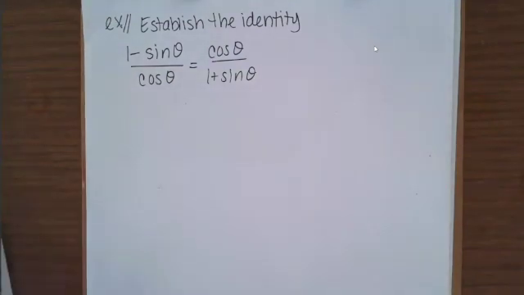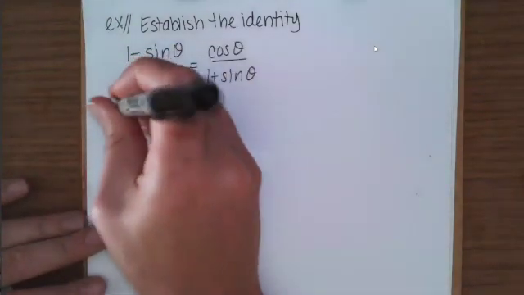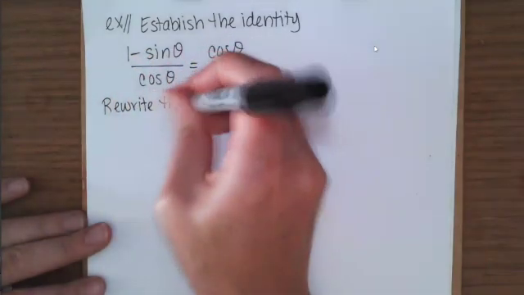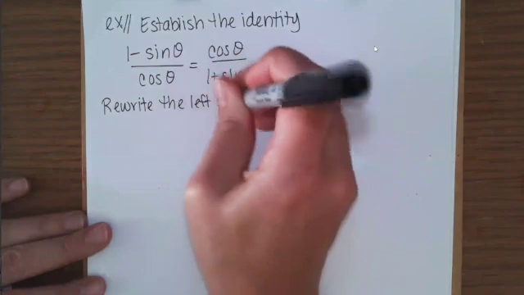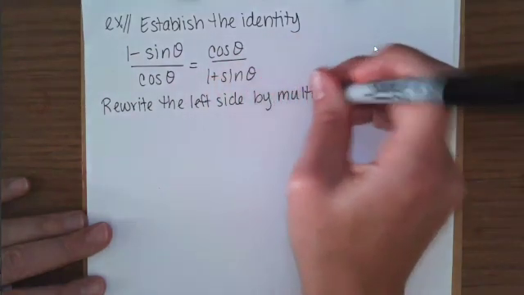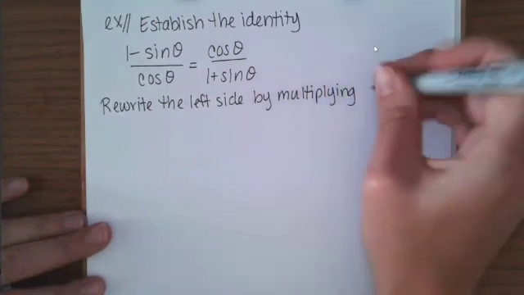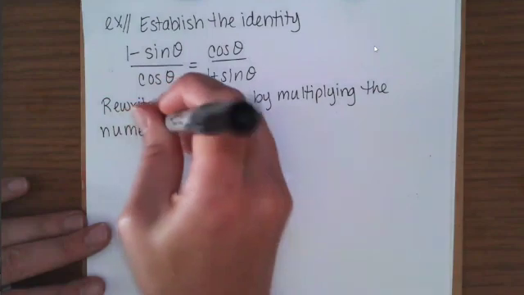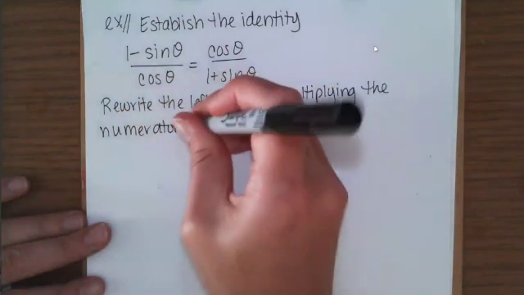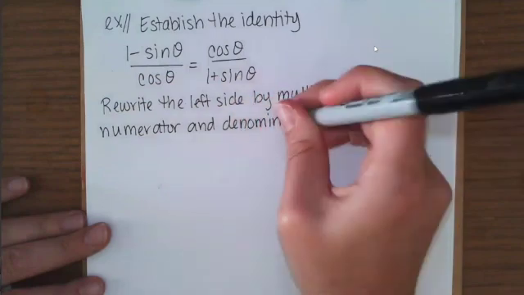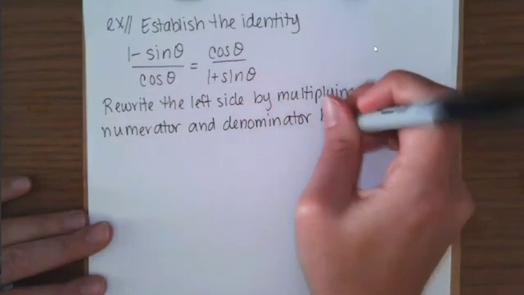Okay, so the first instruction you're going to get here is we are asked to rewrite the left side by multiplying the numerator and denominator by 1 plus sine of theta.